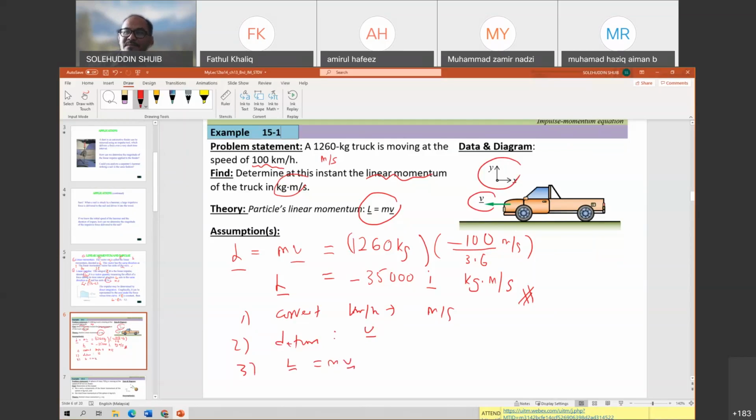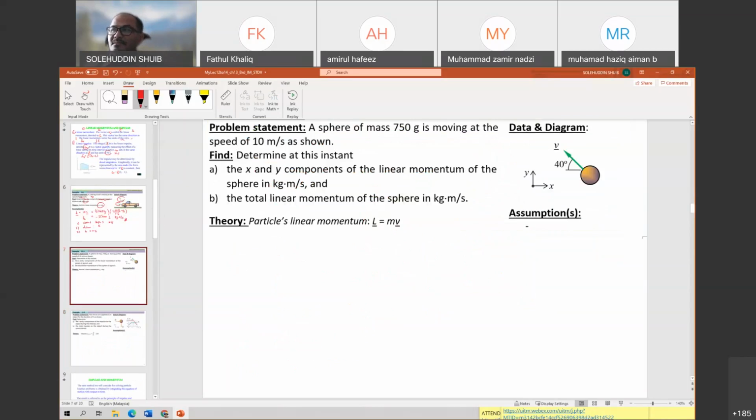Next one, we go through another example. This example is a sphere of mass 750 gram moving at the speed of 10 meter per second.